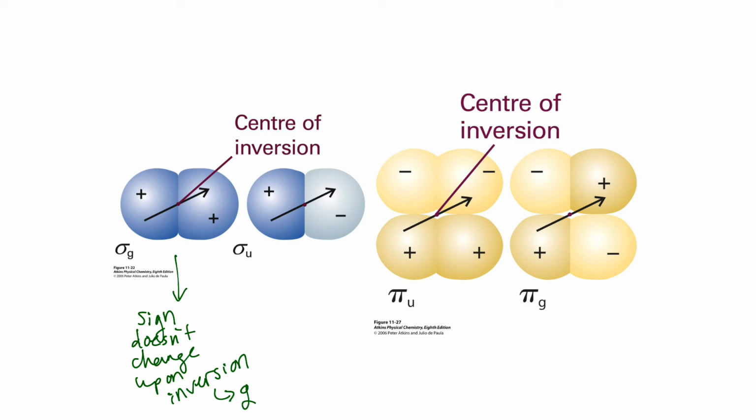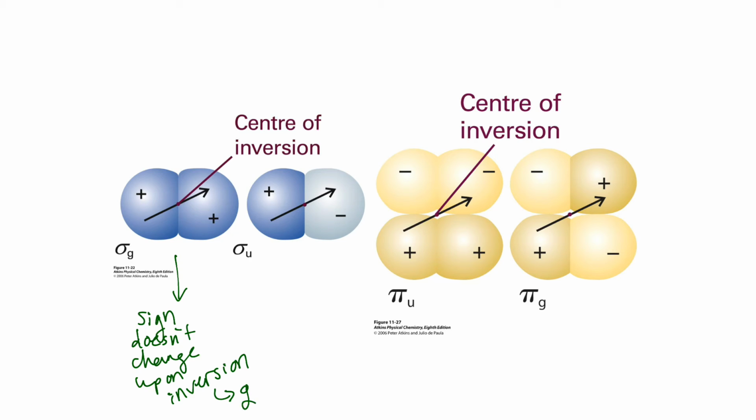The other option was when we had two different signs of those s orbitals coming together, so positive 1s orbital, negative 1s orbital combining. That was our anti-bonding. We get the node in between. To get our labeling there for the symmetry, again, just flip it inside out with respect to the center of your molecule and ask yourself, do the signs change?